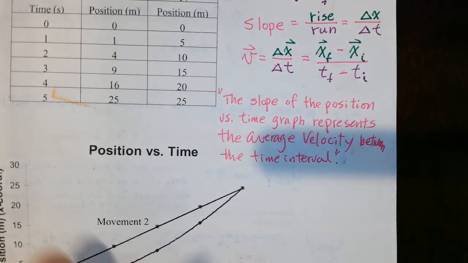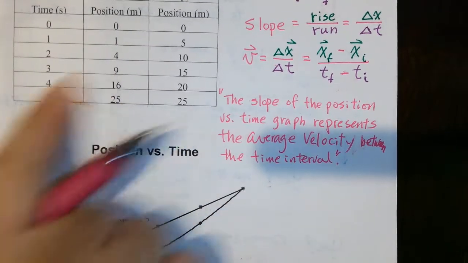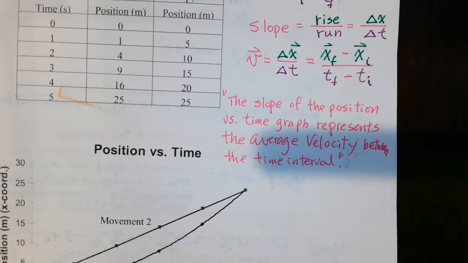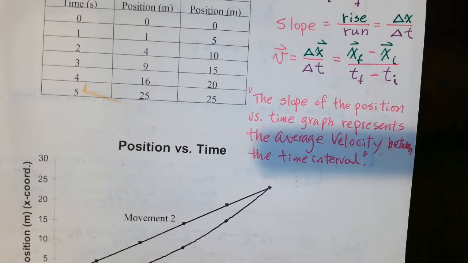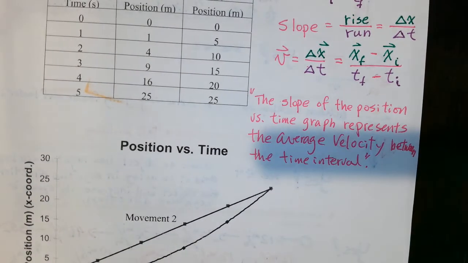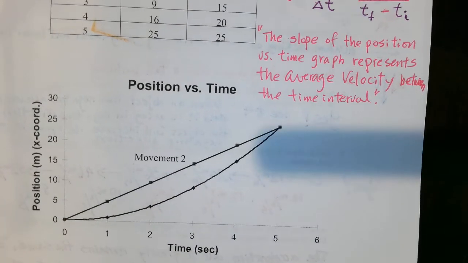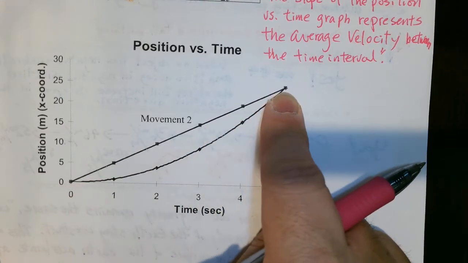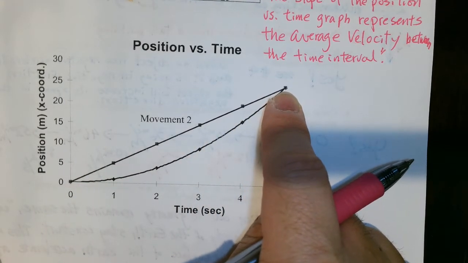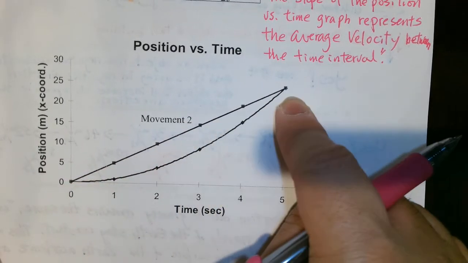So, the slope of the position versus time, if it's constant like this, that means it's traveling at a constant velocity, because my slope between all the time intervals is exactly the same.